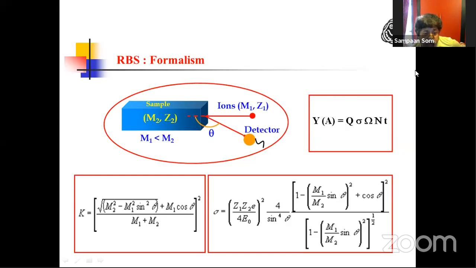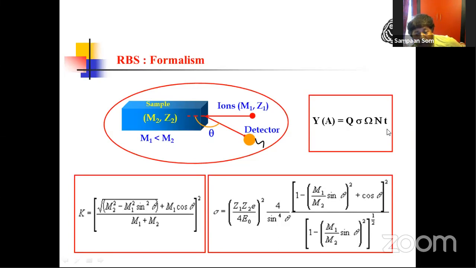And you can see that the kinematic factor decides with which energy the backscattered particles will come back to the detector. Scattering cross-section is, of course, the probability of this backscattering phenomenon happening for a given target projectile combination with a given ion energy. And you can see very clearly that the scattering cross-section depends on the inverse square of ion energy.